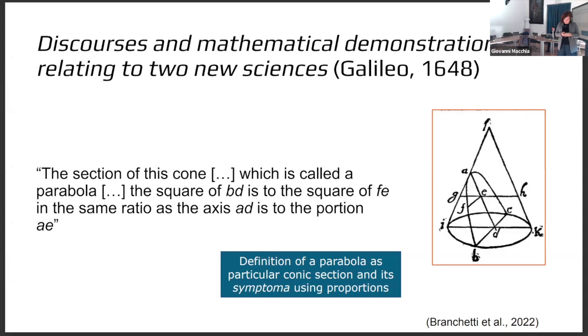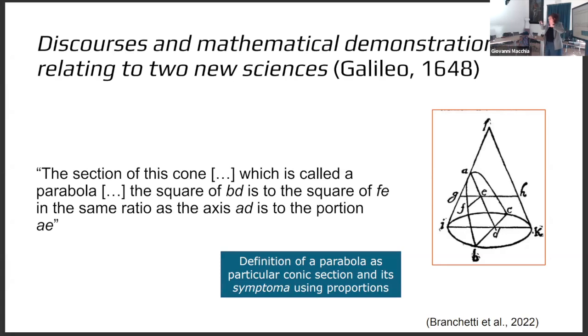between the, maybe I can do this with the laser. Okay, do you see the red point? Okay, so here you have a segment, and here you have another segment. Can you see here a kind of Cartesian plane, where this is the y-axis, this is the other axis? Okay, so if this point is on a parabola, do you agree that this is what we name the abscissa of the point, and this is what we name the ordinate of the point?